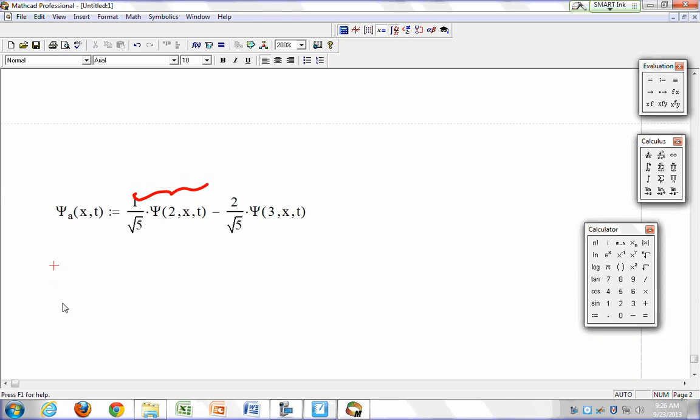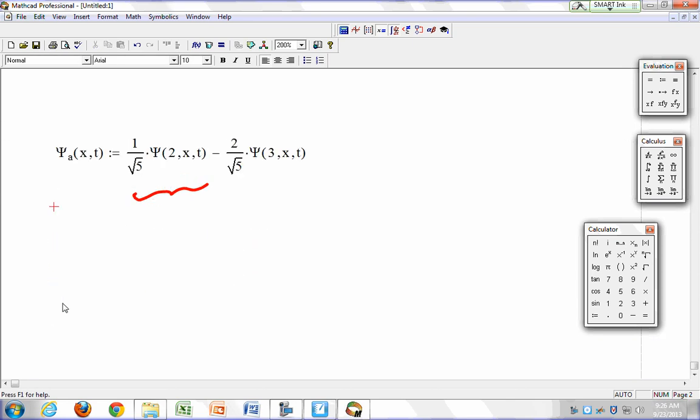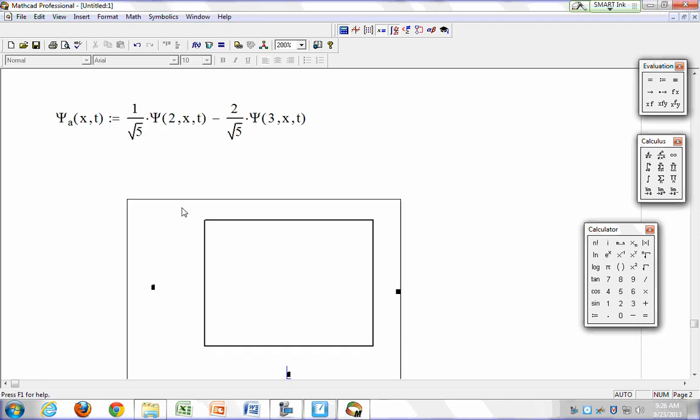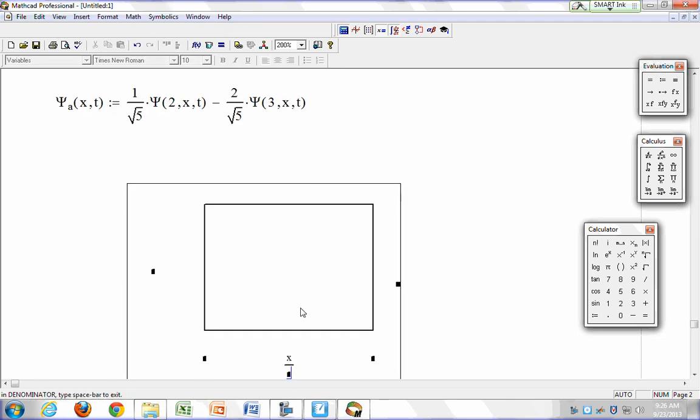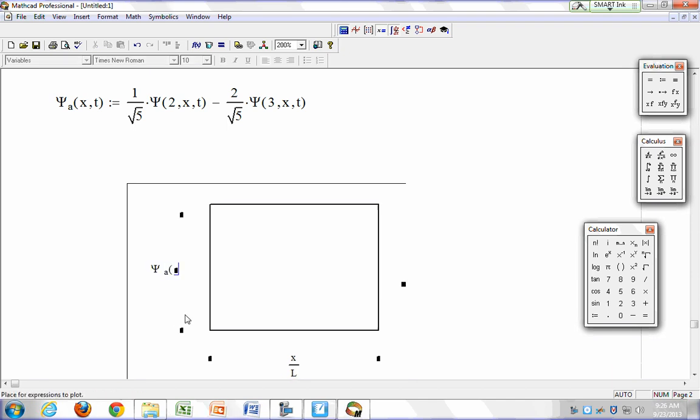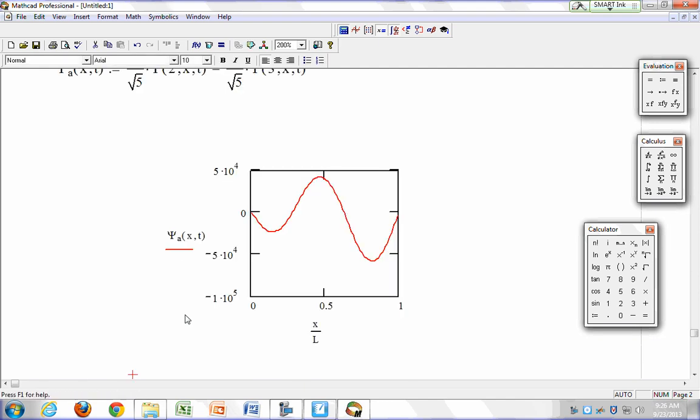Okay, what will that look like? Insert graph, xy plot. Okay, so I'm going to plot versus x over L. And I'm going to plot psi, this is the actual psi of A as a function of x and time. And that's what that plot looks like.